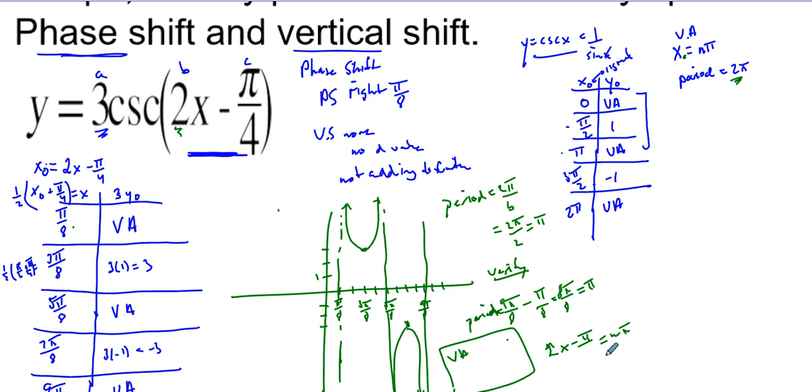And we just put pi there. And what we have then is we're going to take our pi over 4, and we're going to add that to the other side. So we have pi plus pi over 4, and then we have 2x.